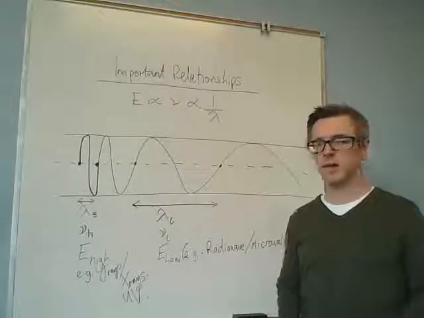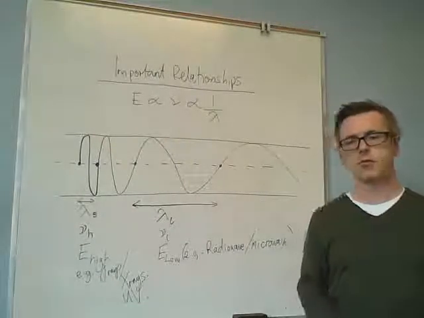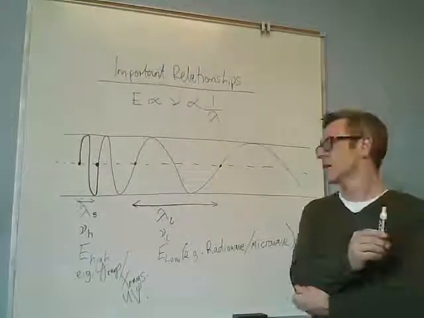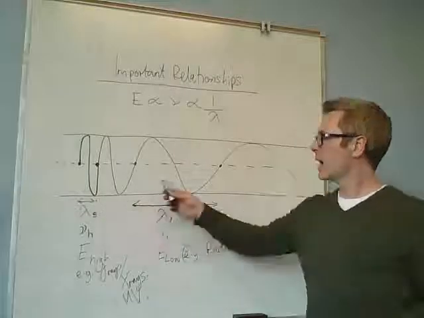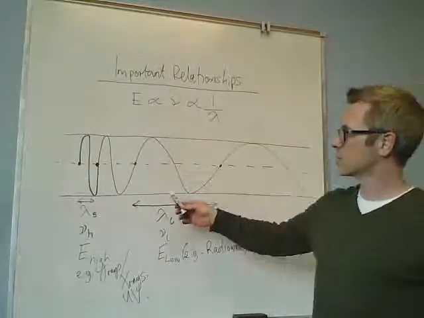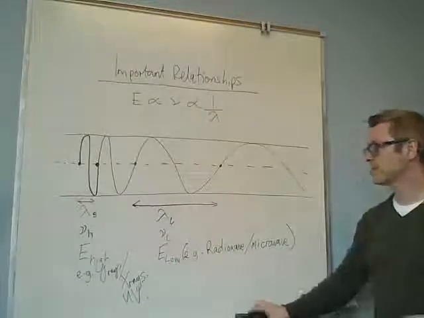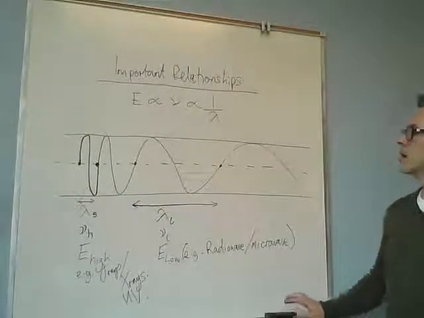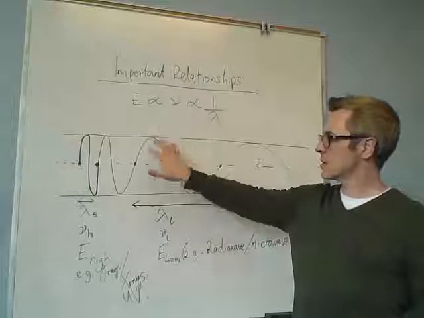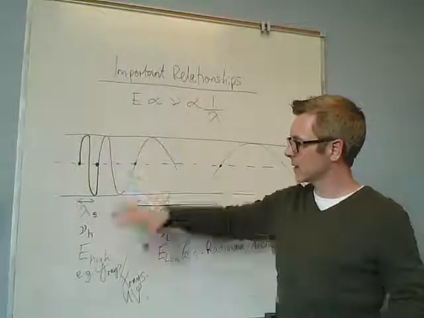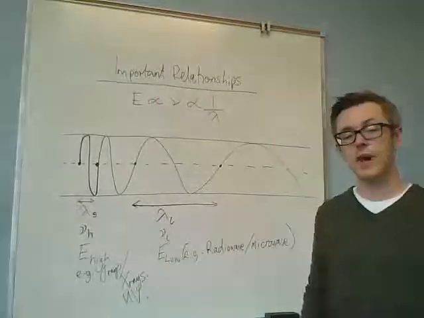We want to minimize our exposure to them for medical reasons only. Gamma rays are also damaging. So these are more frequent and they have a shorter wavelength. So we're using our relationships to obtain a diagrammatic link to energy values.